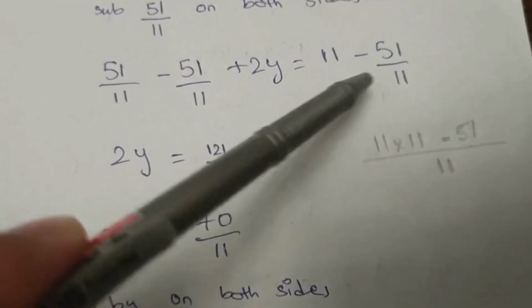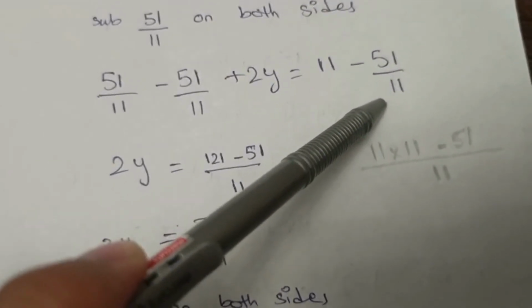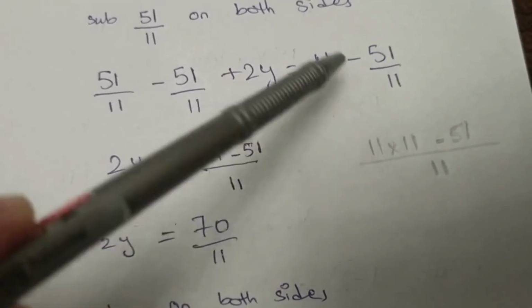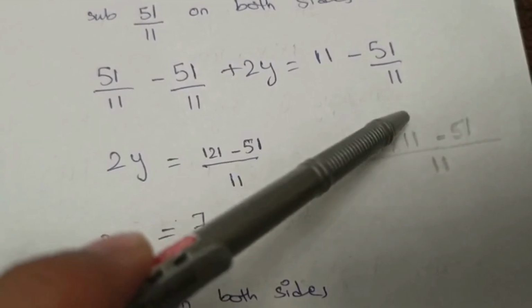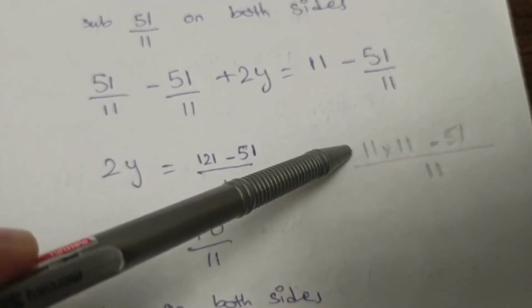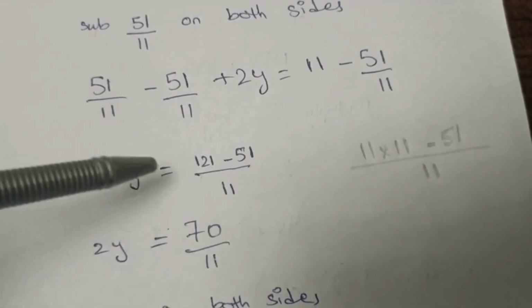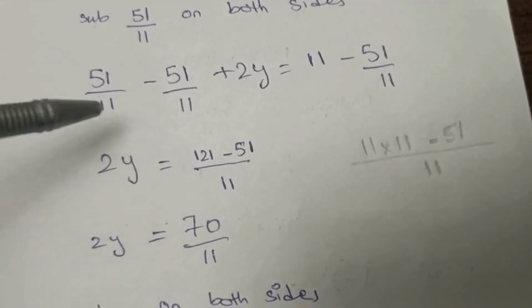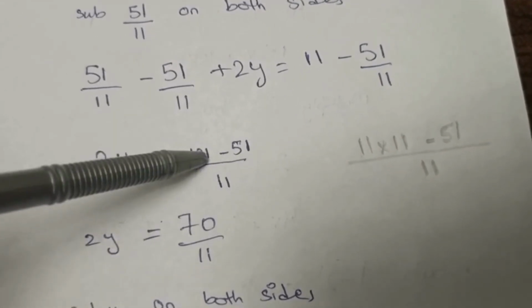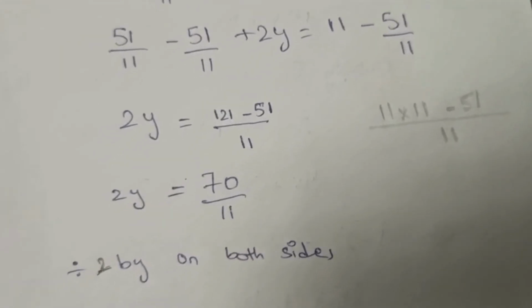So it was 1 multiplied by 11 is 11, and we multiply that value with the numerator. So 11 multiplied by 11 minus 51, divided by 11. So it becomes 121 minus 51 divided by 11. 121 minus 51 is 70. So 2y is equal to 70 divided by 11.